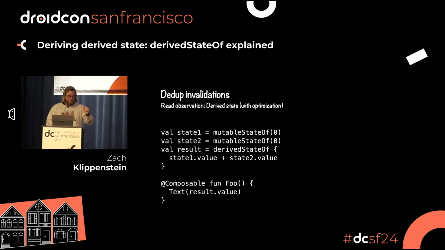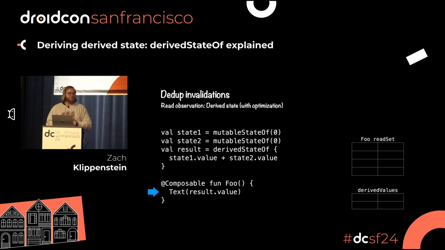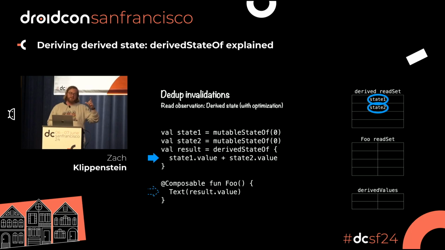All right. We're going to wrap the calculation in a derivedStateOf. I don't need to remember here because this isn't in a composable function. Then inside the composable function, we're going to read the derived state value. So we're going to run the calculation and track that we read. The derivedStateOf itself is going to track that it read these 2 states.